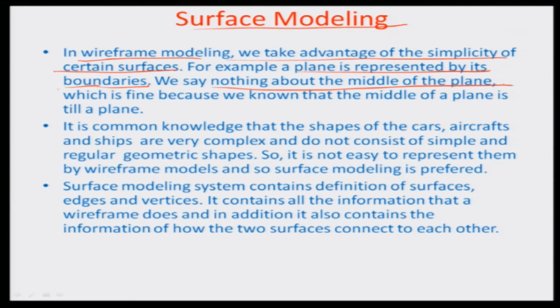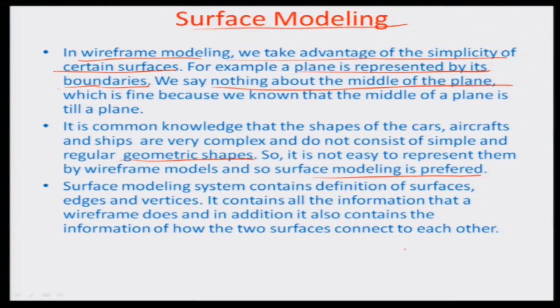But obviously for complex shapes or irregular geometric shapes, when we talk about maybe a very complicated surface, it is not easy to represent that, and therefore surface modeling is preferred. So, let us look at surface modeling from a little more detailed viewpoint.